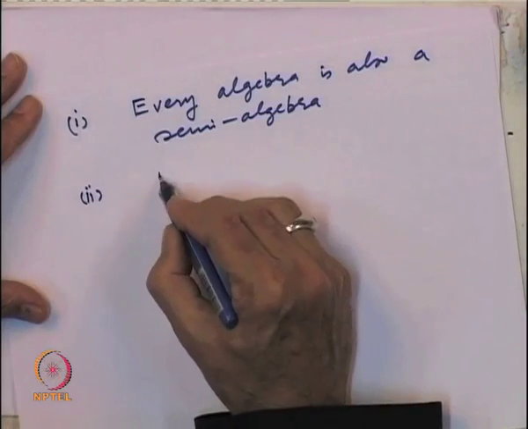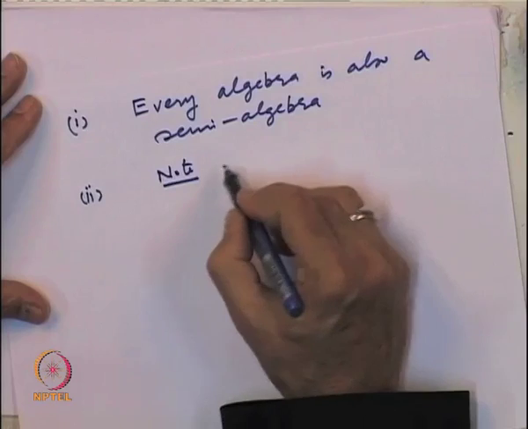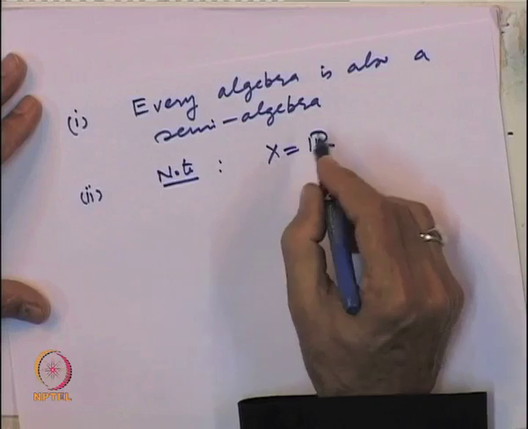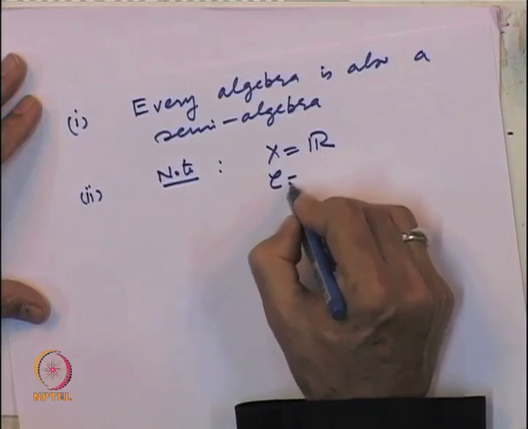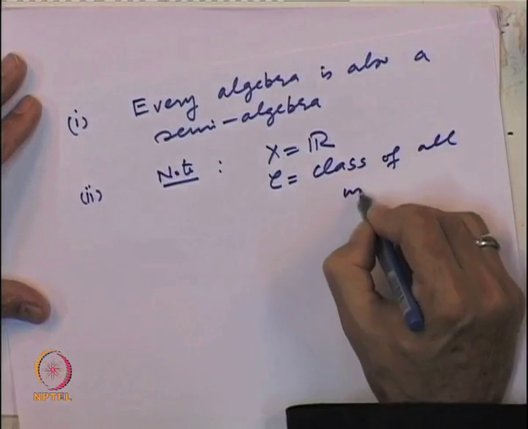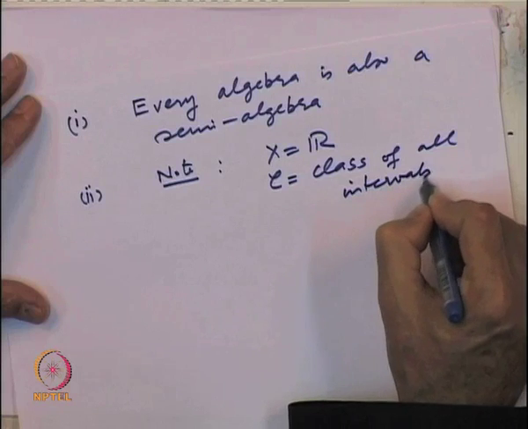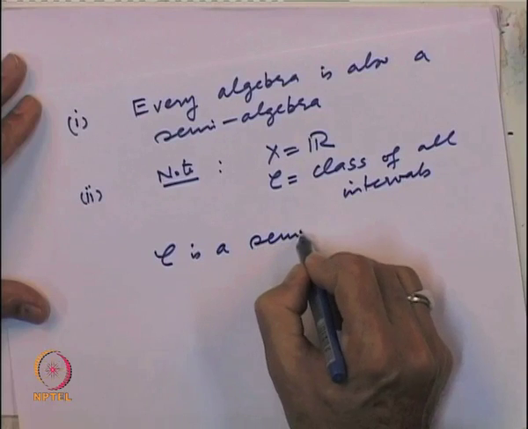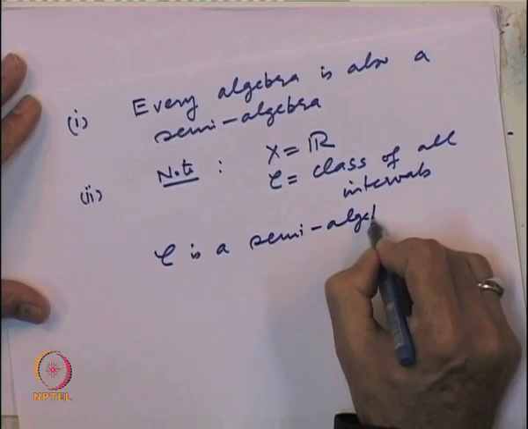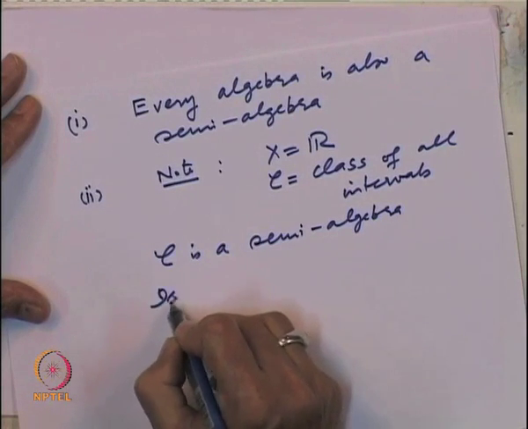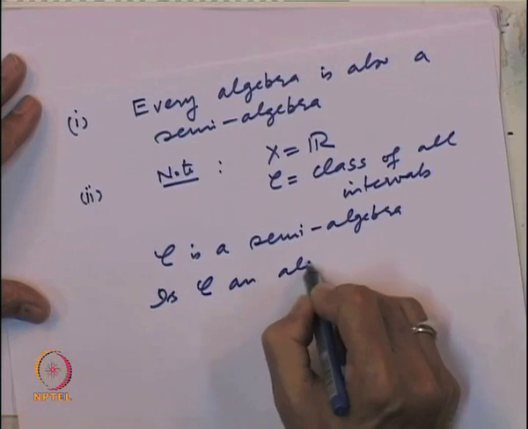Let us note, when X was equal to R and C is equal to the class of all intervals, we showed that C is a semi-algebra. The question: is C an algebra?